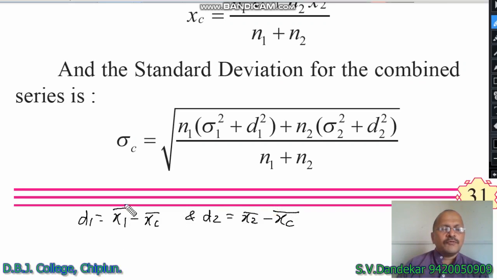The mean of the first data minus the combined mean is d1, and the mean of the second data minus the combined mean is d2. These values are used in finding the standard deviation of combined data.